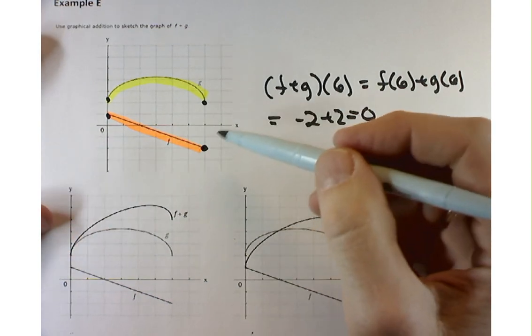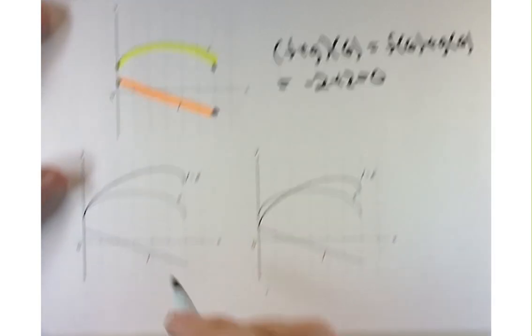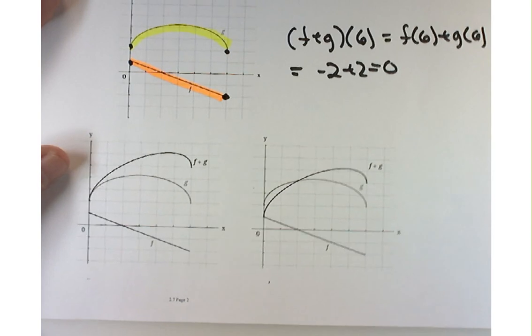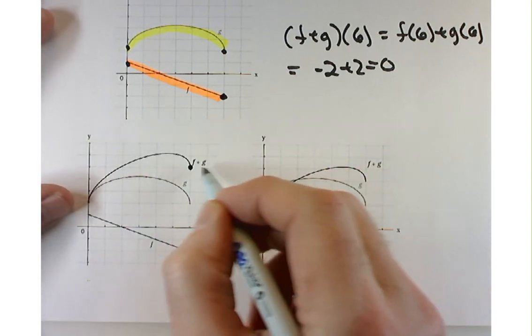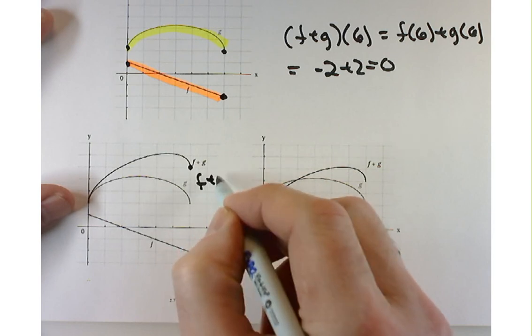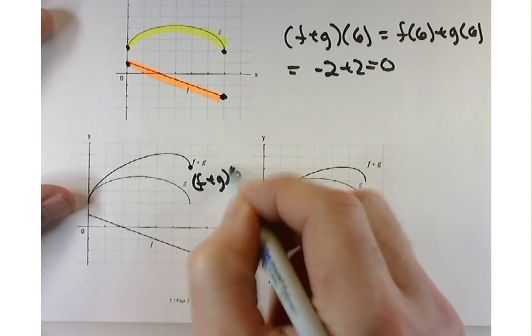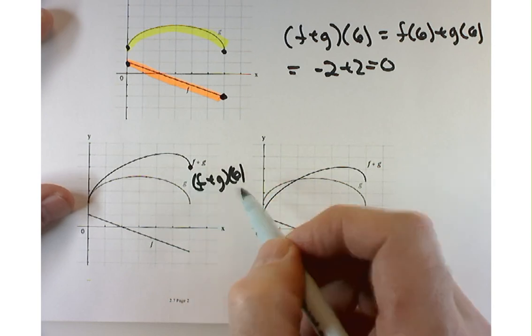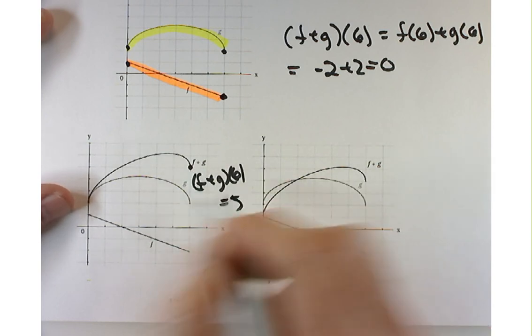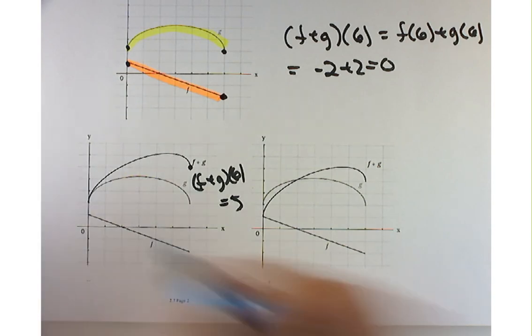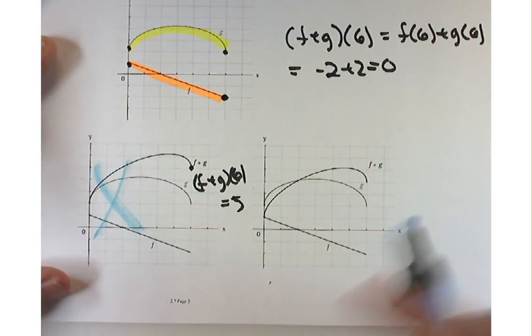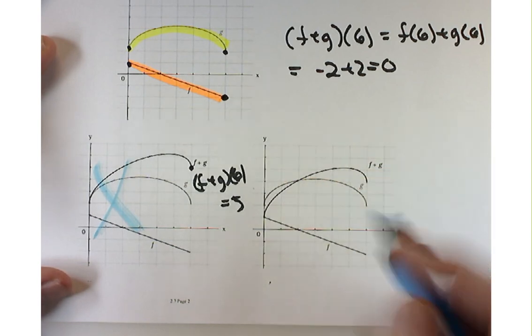So just working with that, I can eliminate this as a choice, right? Because it says f plus g of 6 looks like it's about 5. So this can't be it. That's the wrong graph. And for the same reason, this would have to be the wrong graph.